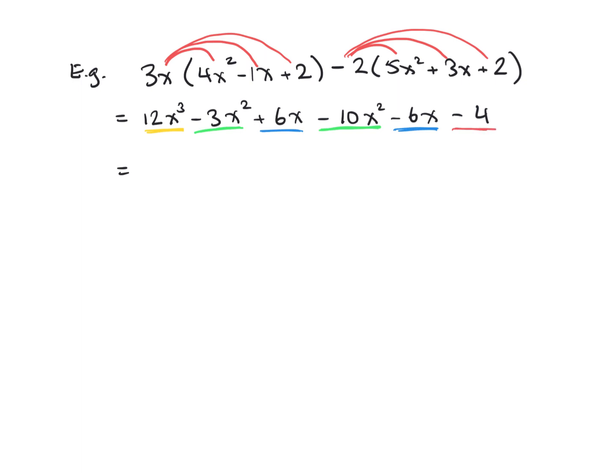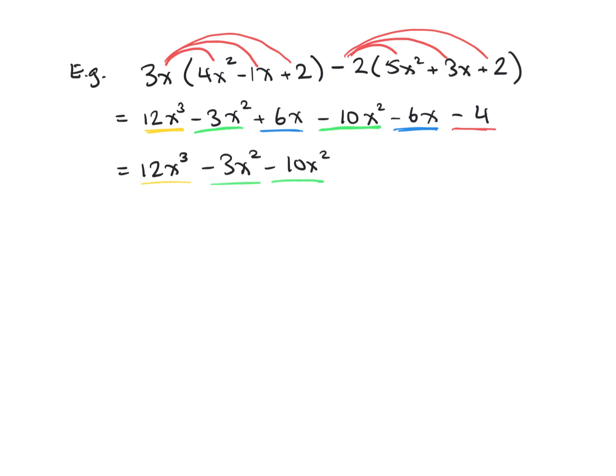That's a constant term. Okay, so I will rearrange these so that the same colors are beside each other. So 12x cubed, that's yellow. That one's the only yellow there. Then I'll put the greens together, minus 3x squared, and then minus 10x squared. Those were the green ones from above.